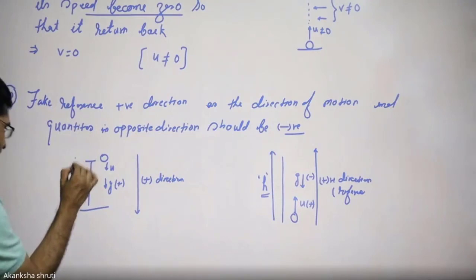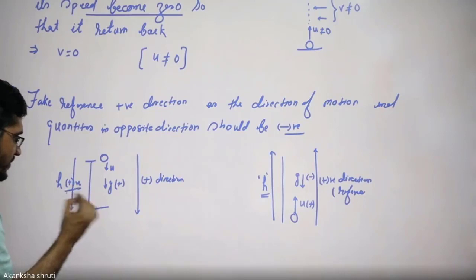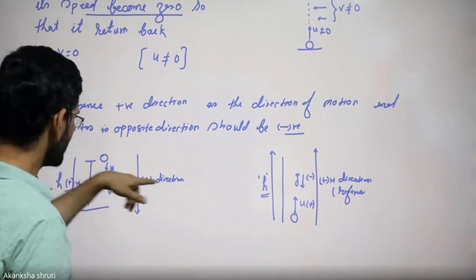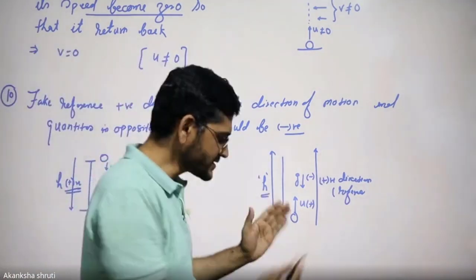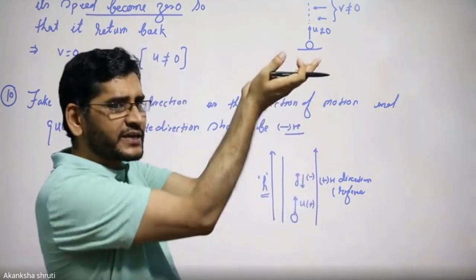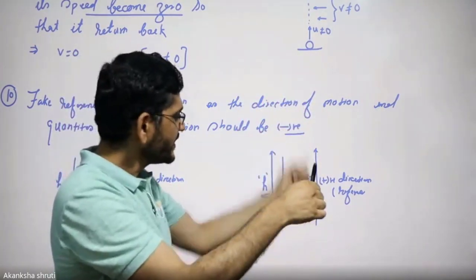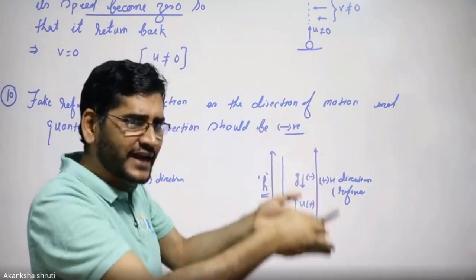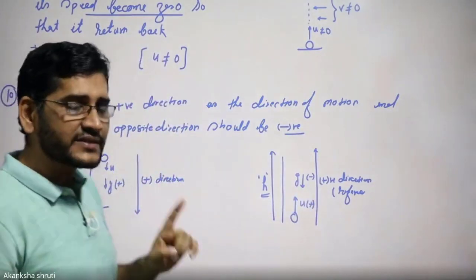In the earlier case, u downward, h downward, and g downward are all positive. But in this case the motion has started upward, so the upward direction is taken positive. The height covered upward is positive, the initial speed upward is positive, but g, acceleration due to gravity, always acts downward, so it is negative. Okay, so these are the 10 key things that we have to keep in mind.